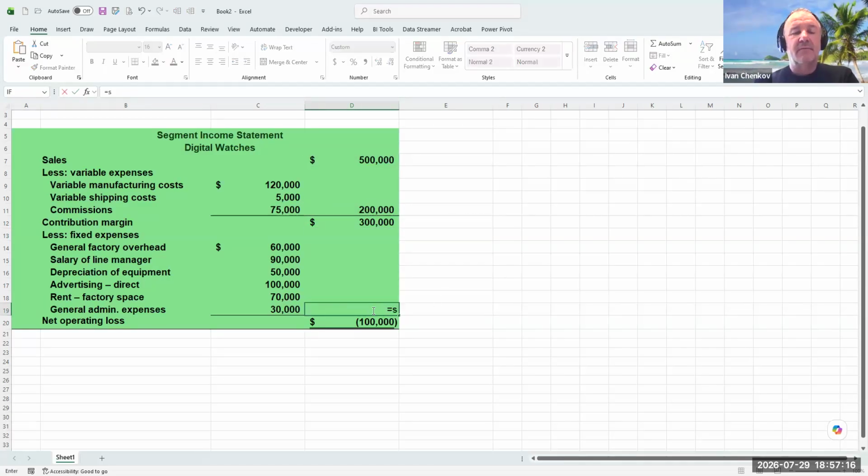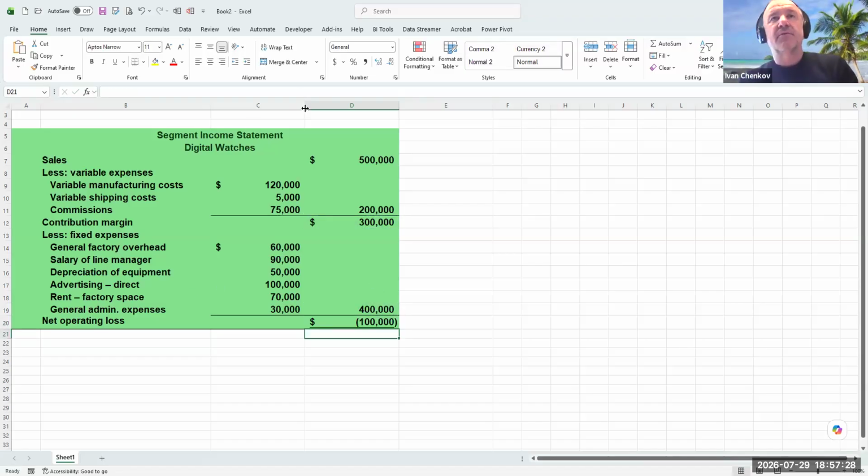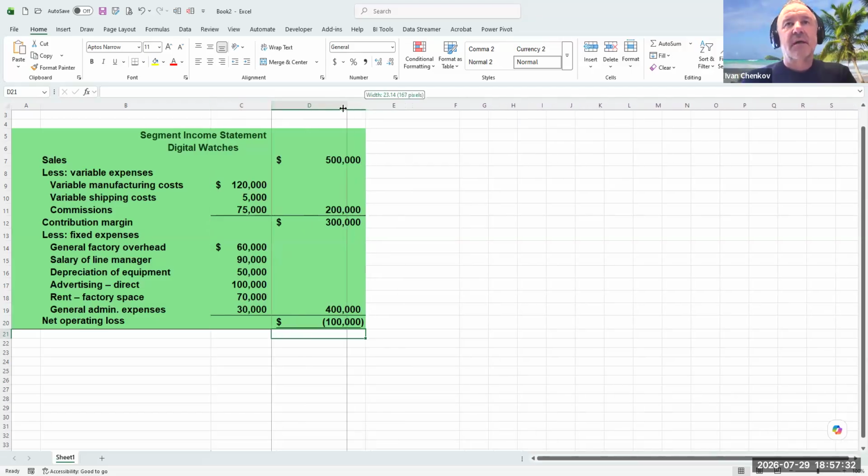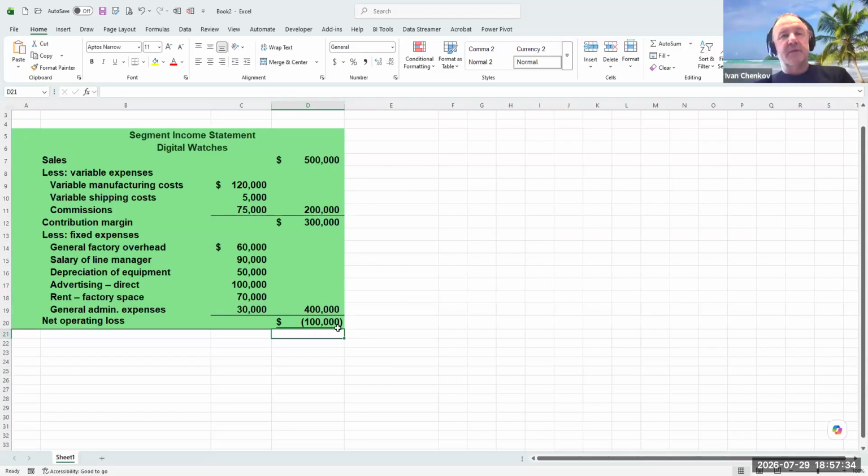Then we have the sum of all those fixed costs, which is $400,000, and we're losing 300 minus 400, we're losing $100,000. Now the question is, should I drop this division or not? In order to make that decision, we need a little more information. On the next slides, there will be more information coming, which will help us make a decision.